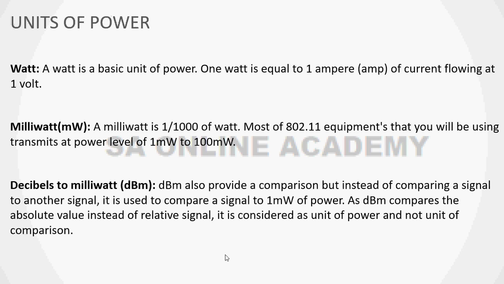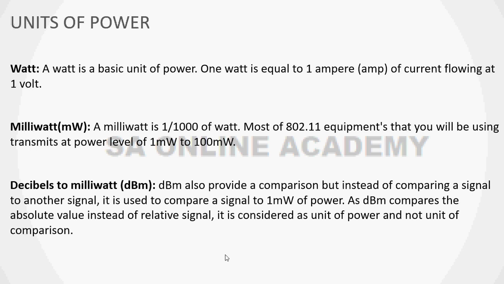We discussed two things, dBm and dBi. These are the two major units which we are going to use throughout our Wi-Fi curriculum. dBm is an actual unit, dBi is a relative unit. There are two differences. First, dBm is an actual unit, dBi is a relative unit.